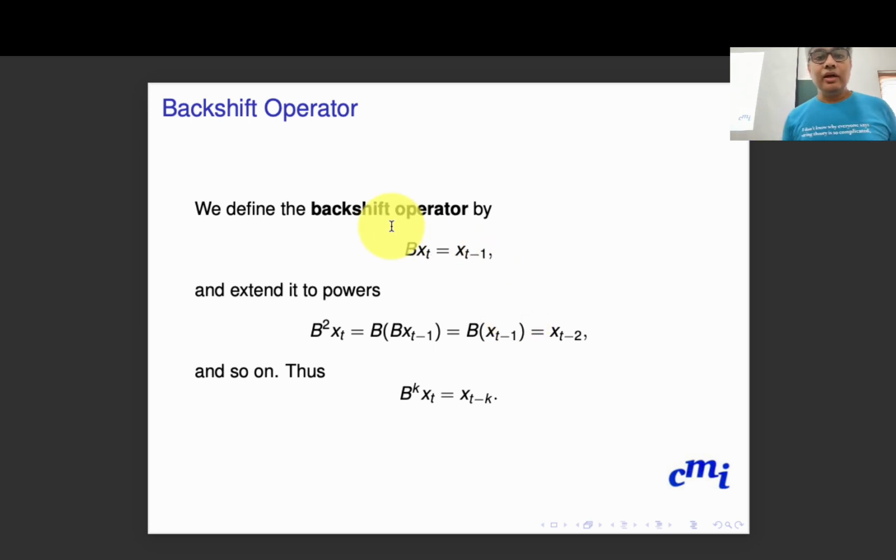So we define the backshift operator by Bxt equal to xt minus 1, and extend its power. So B2 xt, you can write it as B within brackets B of xt minus 1, equal to B of xt minus 1, because B of xt minus 1 is, sorry, this will be xt minus 2.